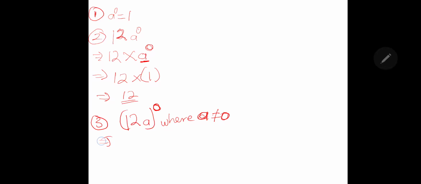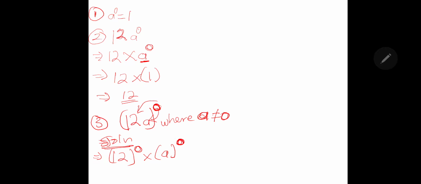So solution: we see from the fourth law of indices that you can write this as, so the 0 is affecting the two of them, you understand? Because this time it's outside the brackets. So 12 raised to the power 0, times a raised to the power 0.